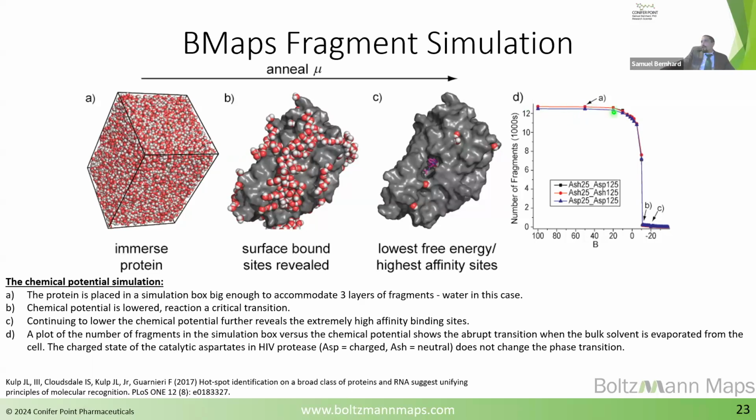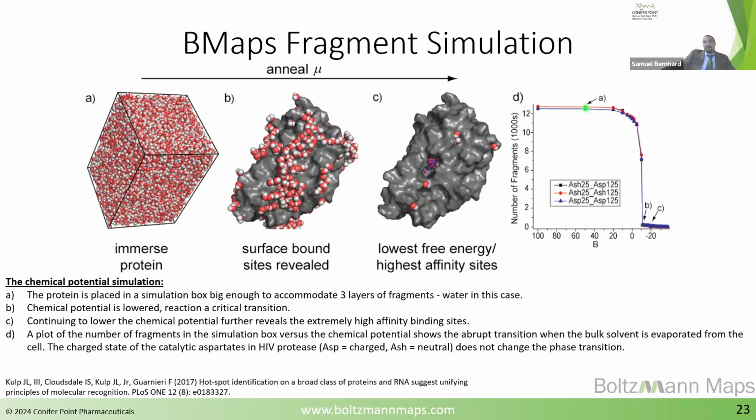As the chemical potential is lowered, not much happens until this free energy reaches a critical level that is capable of overcoming solvent cohesion, and the system goes through a phase transition that evacuates the bulk solvent and most of the protein-bound solvent, exposing high affinity sites. Continuing to lower chemical potential further reveals fragments with extremely high affinity.